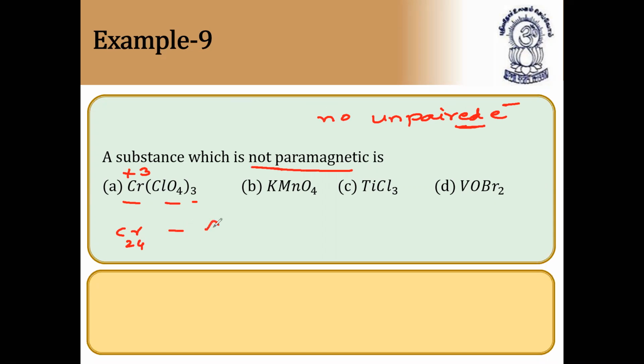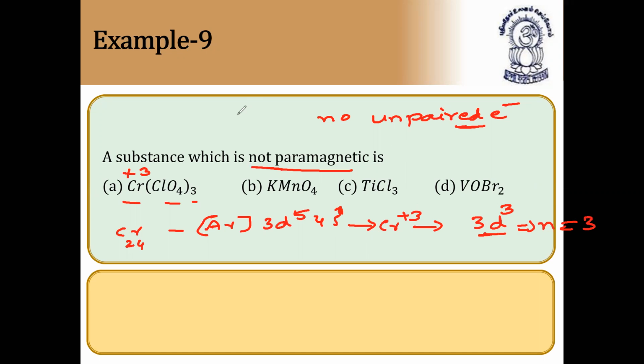It has argon 3d5 4s1. So in plus 3 state, it becomes 3d3 4s0, because 3 electrons are removed, so n is equal to 3. So it should be n is not equal to 0. So first option is ruled out.